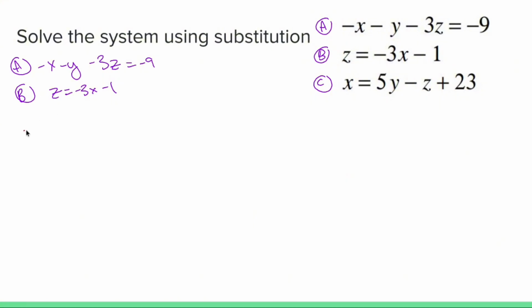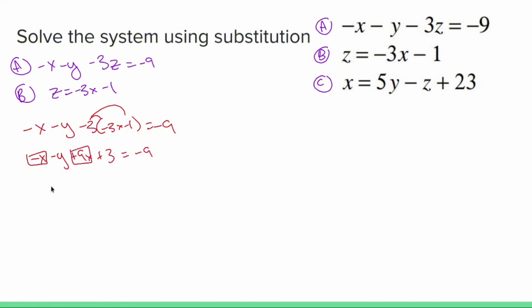That makes A negative x minus y minus 3 times negative 3x minus 1, equals negative 9. Distribute the negative 3 and you have negative x minus y plus 3x plus 3 equals negative 9. Combine like terms: 8x minus y, and subtracting 3 from both sides gets us negative 12.